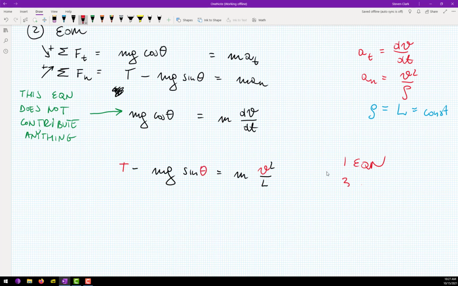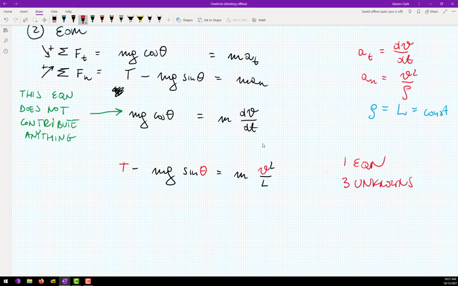So we have three unknowns. Yeah, I will count it, but it will cancel out. Actually we have five, because m is also not known.